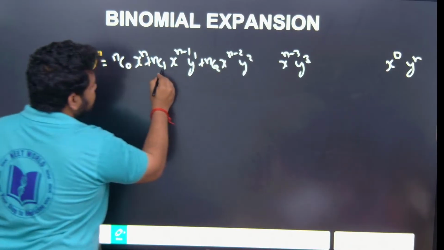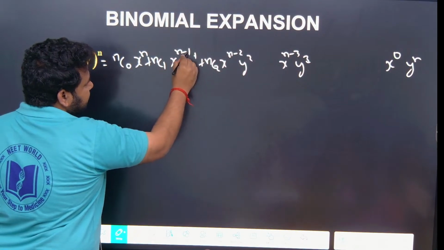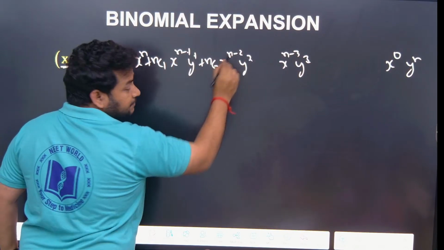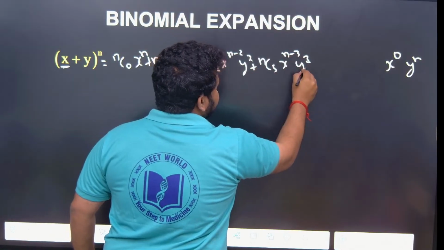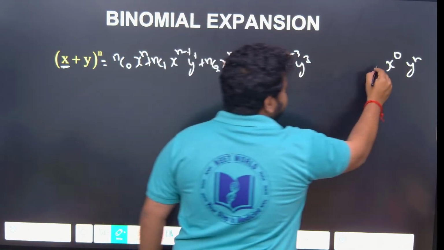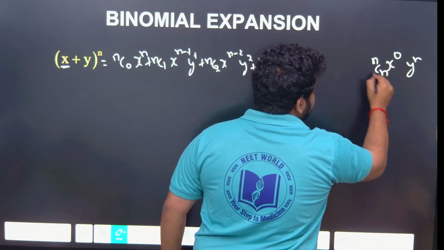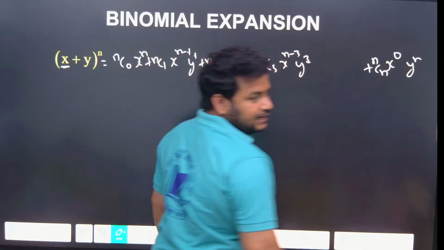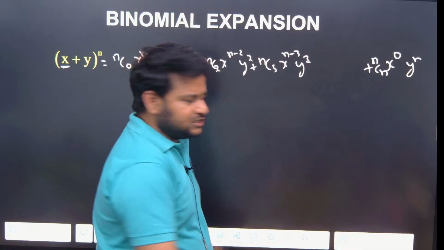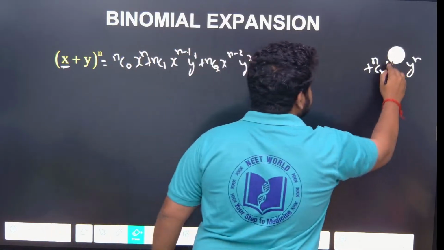If you observe, here 1 is there, here 1 is there, n minus 1. Here 2 is there, here 2 is there, n minus 2. And this will become nC3 x to the power of n minus 3 y power 3. And if I take the last term, nCn, the last term is x power 0 y power n. x power 0 I can write as just 1.